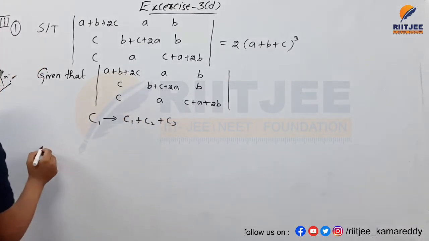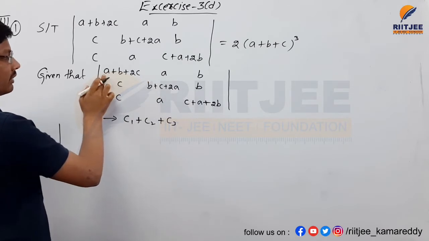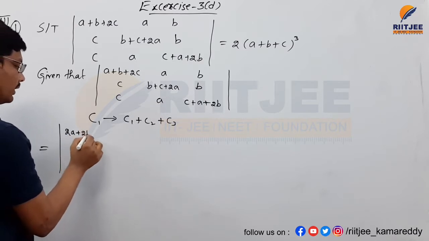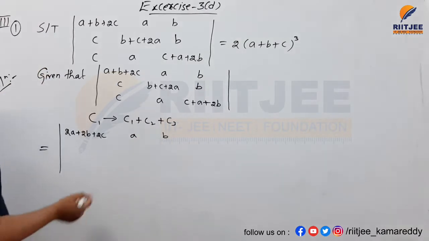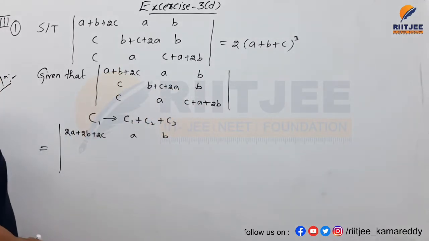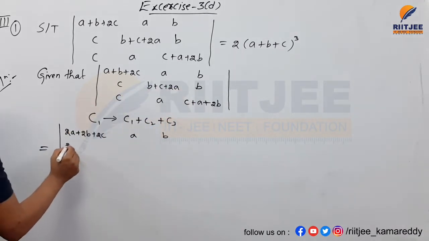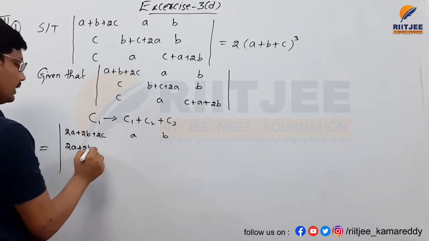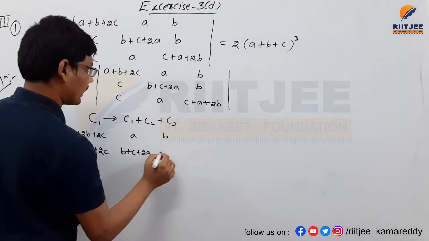So the resultant determinant is: if you add the terms of row 1, you get 2a plus 2b plus 2c, and a, b are common; if you add all the terms of row 2, C1 becomes 2a plus 2b plus 2c, and you write C2 and C3 the same.